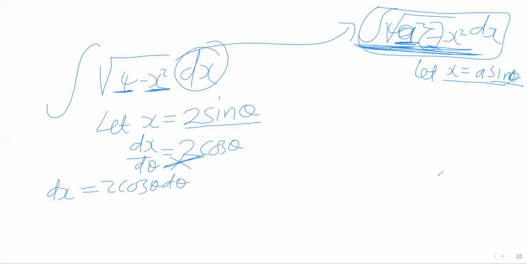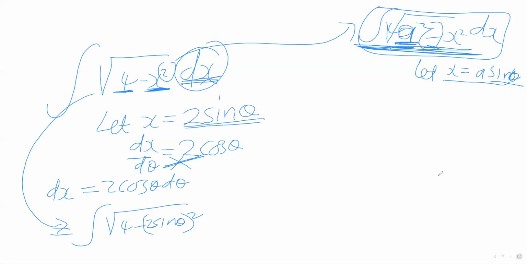Then after I do that, what do I do next? I can now go back and substitute in my function. So I have the square root of 4 minus, what is x? X is 2 sine theta. So I have 2 sine theta squared because x is squared here. What is dx? Dx is 2 cos theta d theta. Now look, this is what?